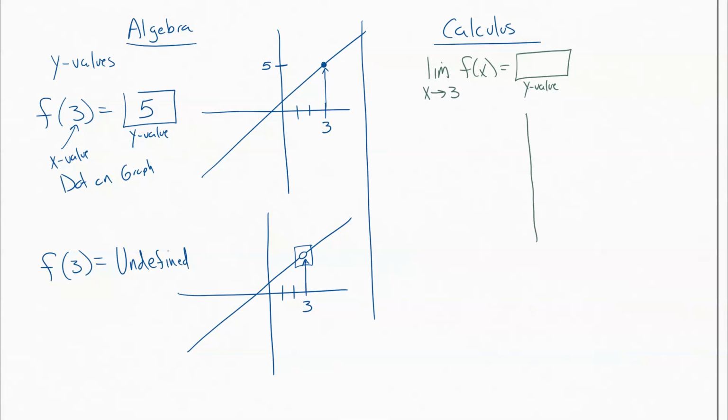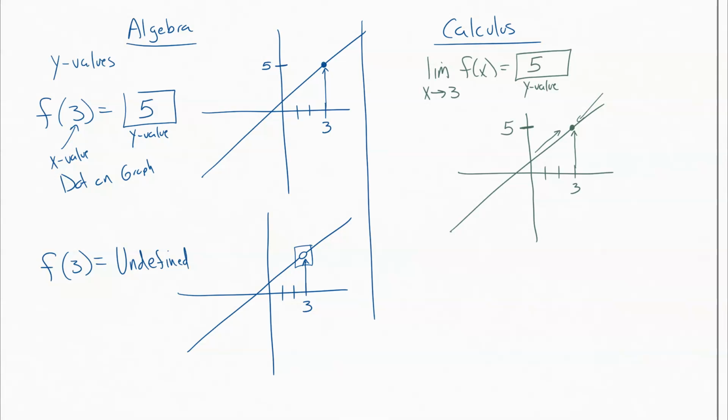So we could have that same graph we started with, that original graph, where we'd say, okay, well, at 3 again, 1, 2, 3, what does it look like my graph is headed towards at this position here? So as it heads towards that point, what does it look like I'm headed towards? Well, in this situation, the dot's there, it's headed to 5. That's the same as we saw in the other one.